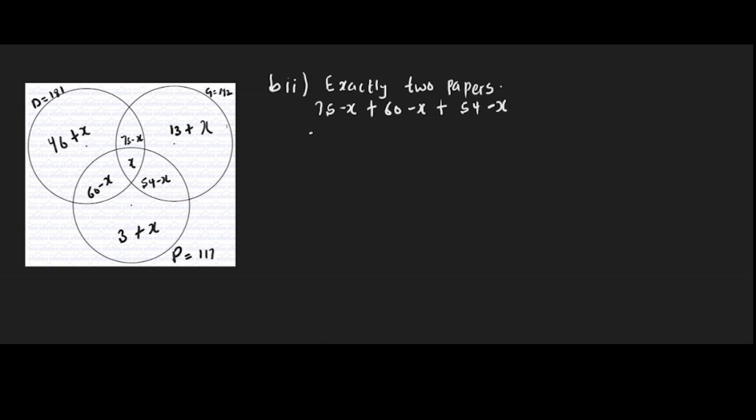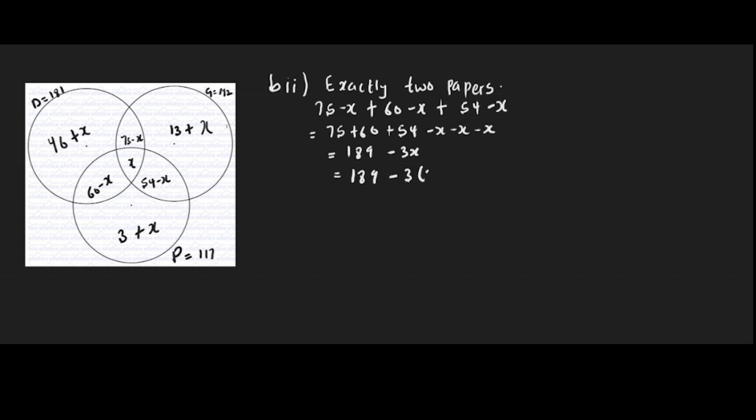So we have 75 plus 60 plus 54 minus x minus x minus x. 75 plus 60 plus 54 is going to give us 189 minus 3x. We already know that our x is equal to 39.